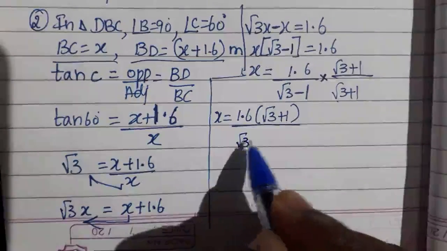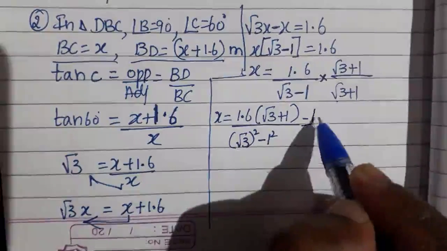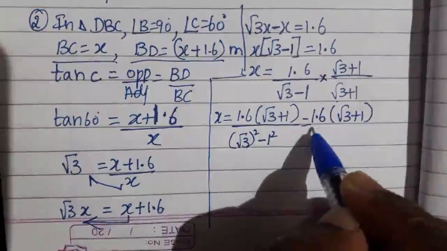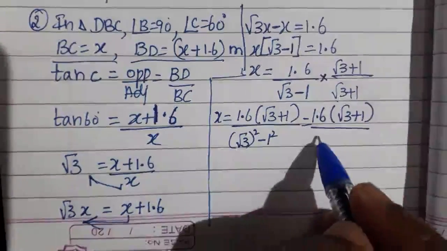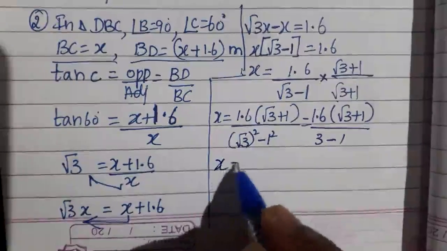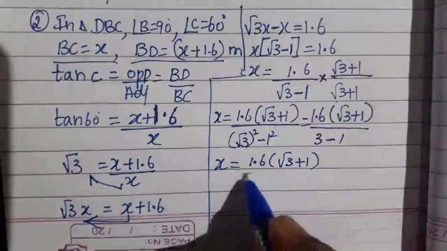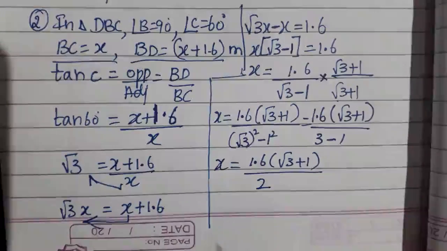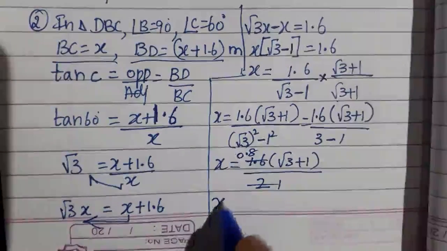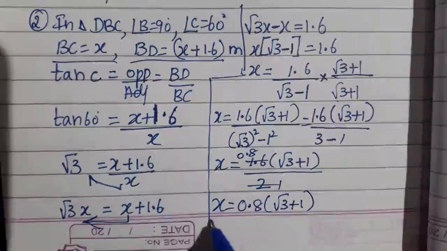So this is written as root 3 square minus 1 square. Root 3 the whole square will become 3. 1 square is nothing but 1. So x is equal to 1.6 into root 3 plus 1 divided by 3 minus 1, 2. Now you divide this, 2 ones are 2, 0.8. So x is equal to 0.8 into root 3 plus 1.